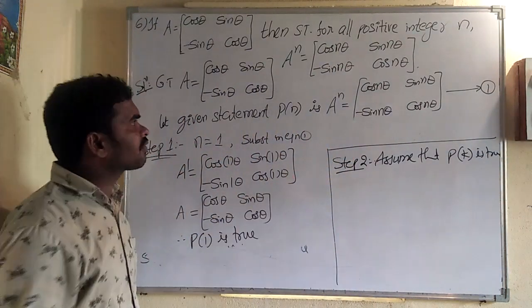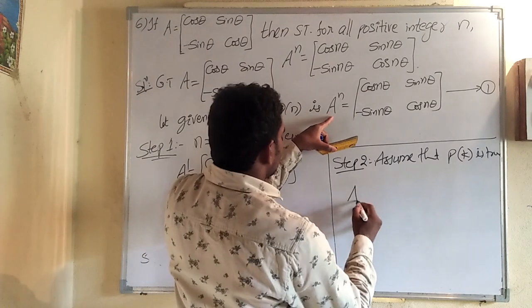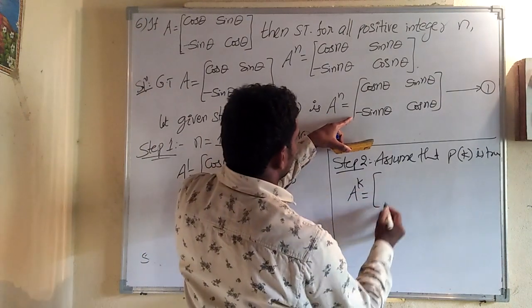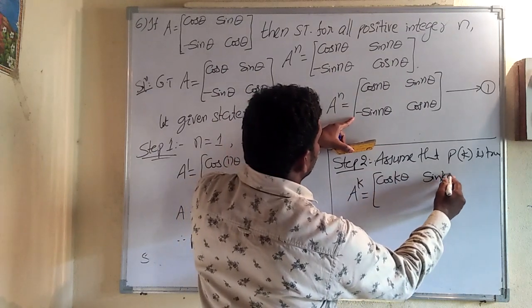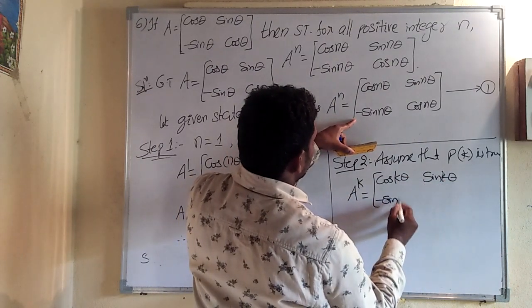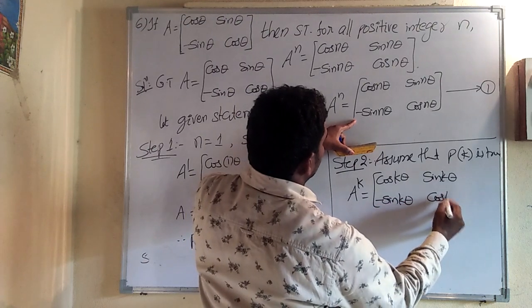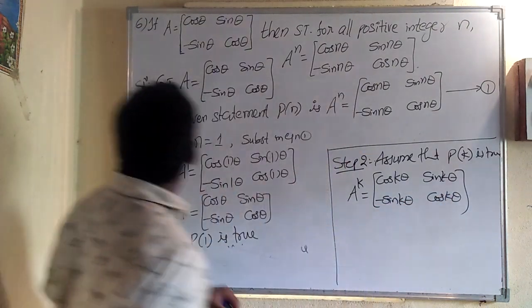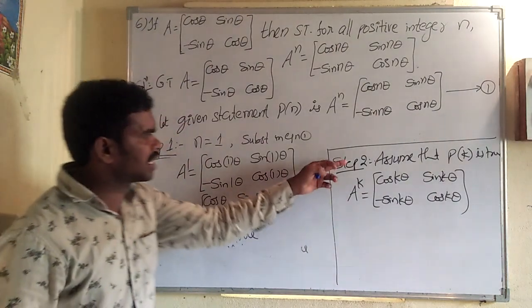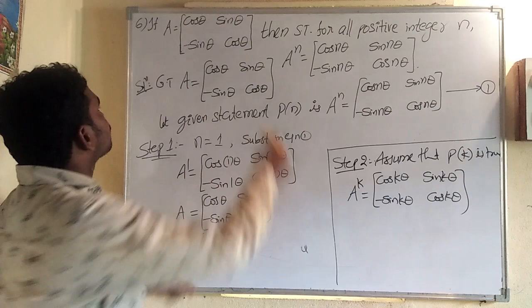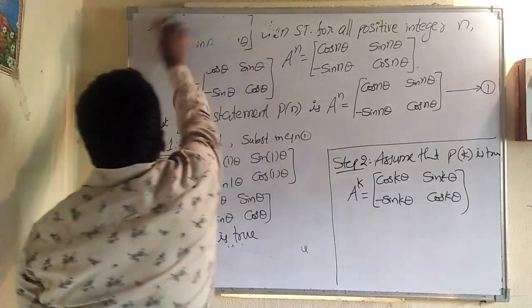So what is P of k? That means A power k equals cos k theta, sin k theta, minus sin k theta, cos k theta. Okay? So write down clearly from the first step, second, next. Then after that, step 3.